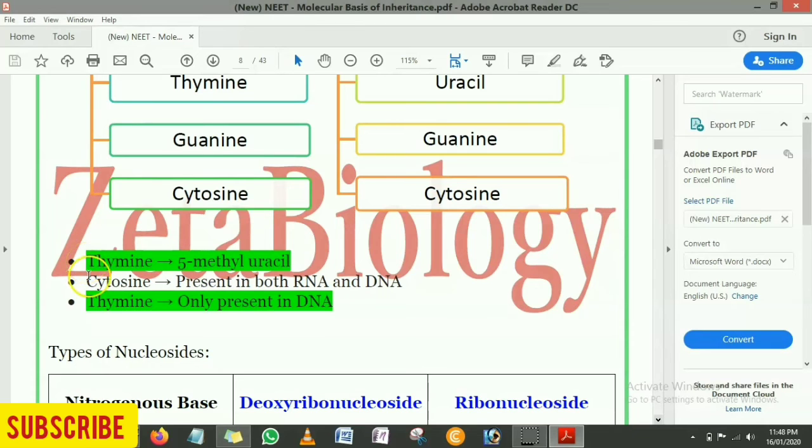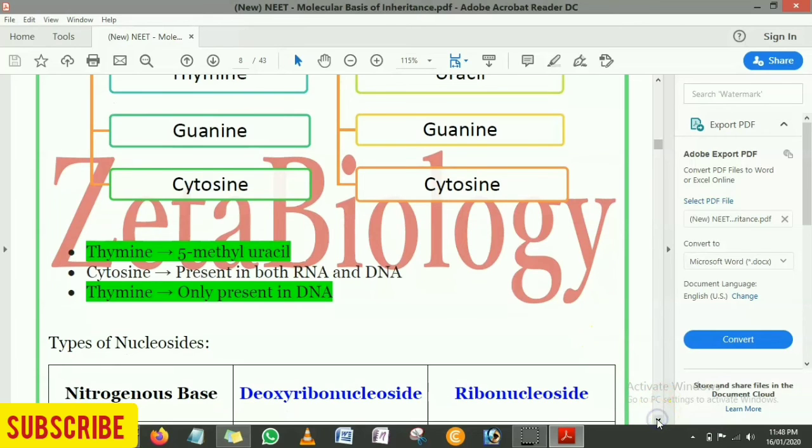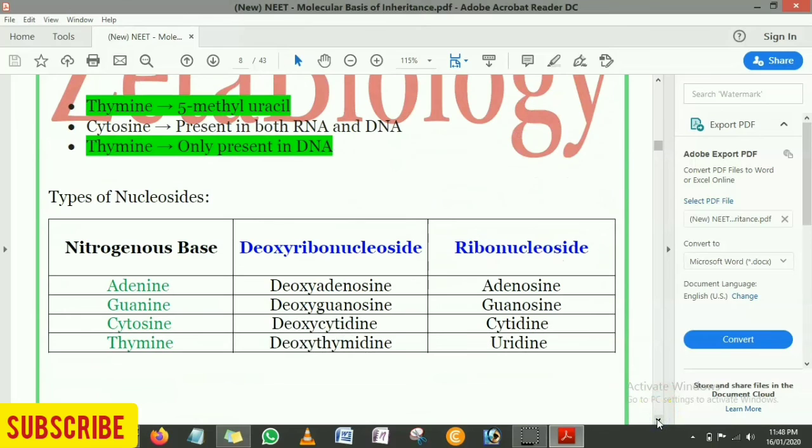Next, types of nucleosides. Now we know the nitrogenous bases present in DNA and RNA. Now let's look at the nucleosides that are present in DNA and RNA. Obviously different nucleosides are formed in DNA and RNA.